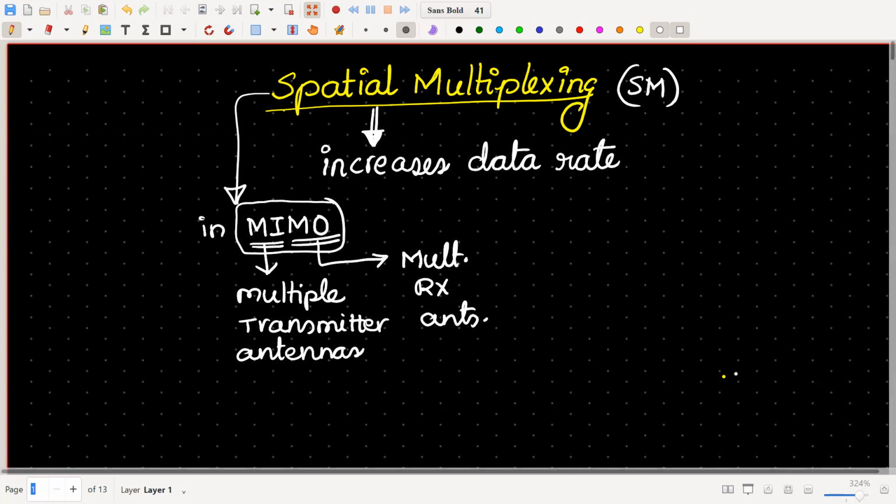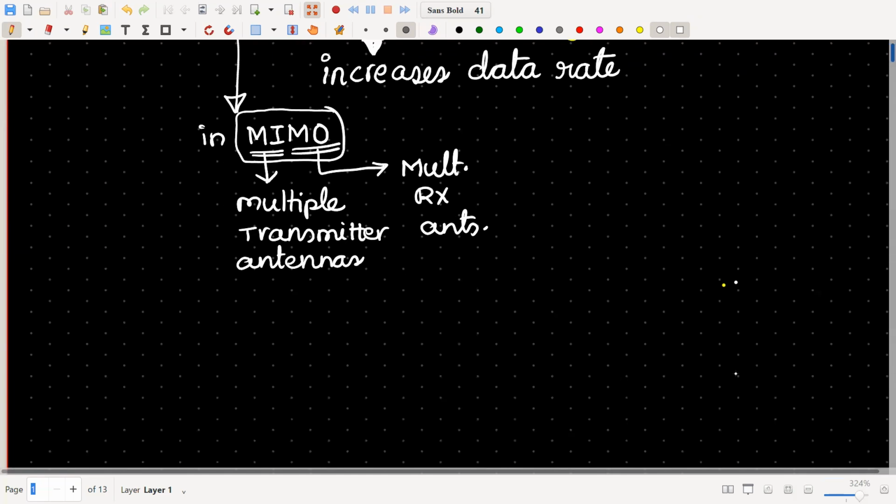So this spatial multiplexing in MIMO increases data rate in our wireless communication system.